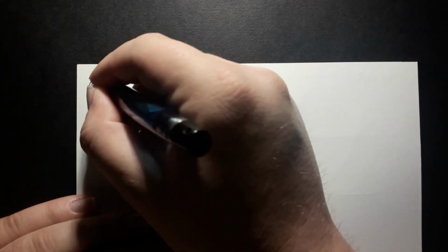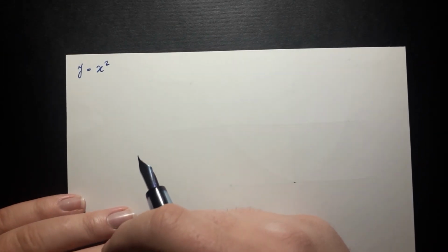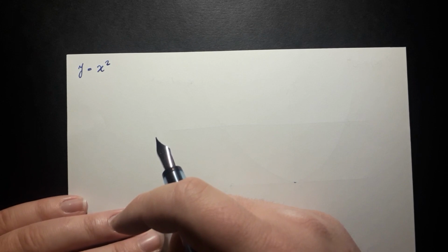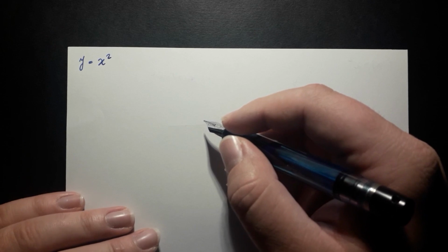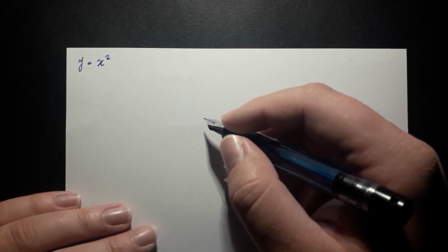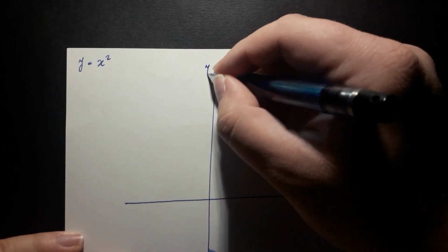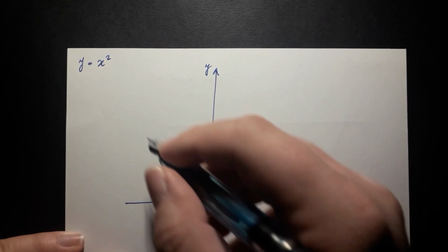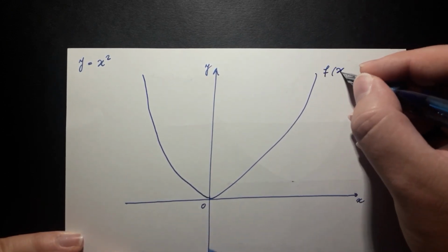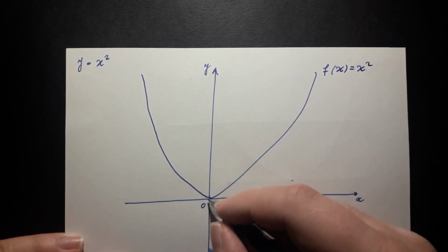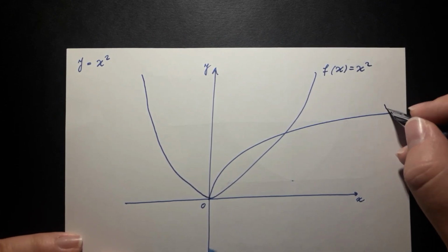Now a function y is equal to x squared has an inverse function which is defined on only part of its domain. Let's draw graphs of the function f of x is equal to x squared and the square root of x in the same coordinate system. Basically what we get is this. We get the parabola of the f of x is x squared function, and we have this branch of a square root function.